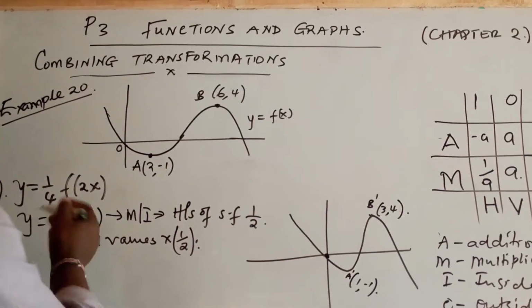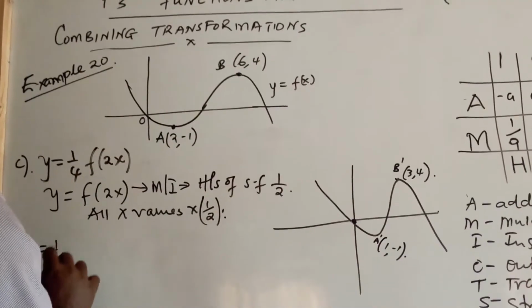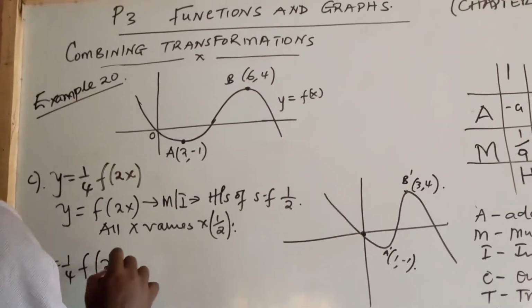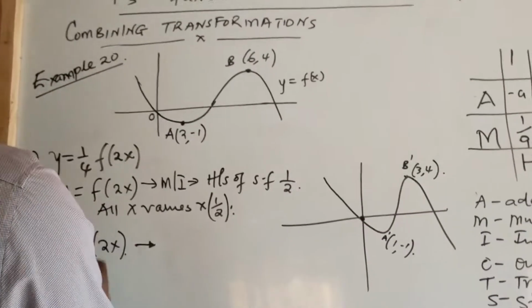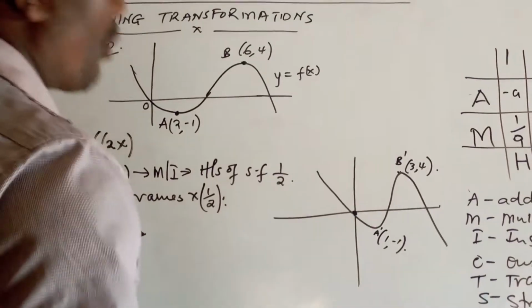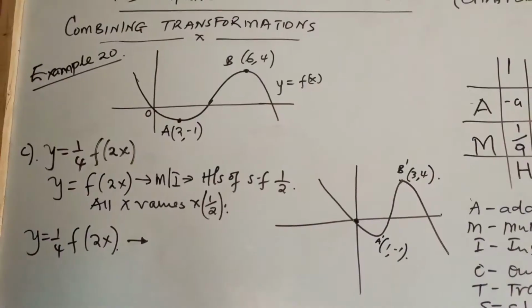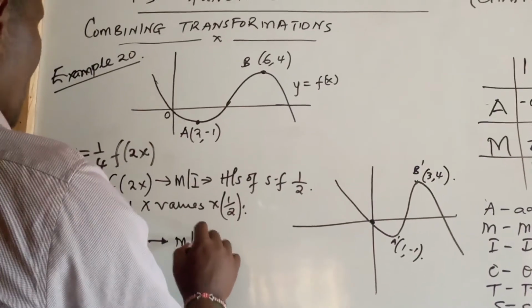Now, this one is followed by y is equal to a quarter function of 2x. This now, you can see it's a multiplication by a quarter, but outside. This is multiplication outside.